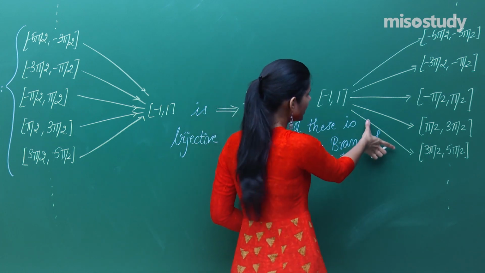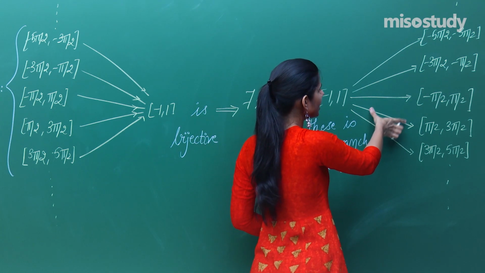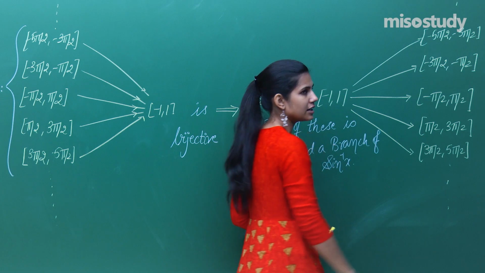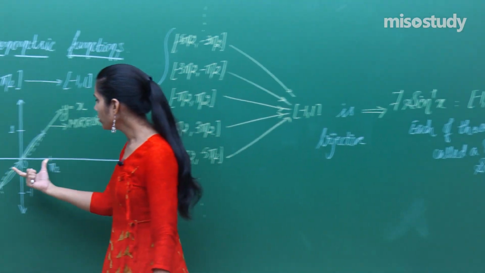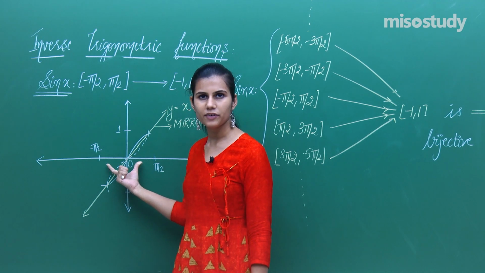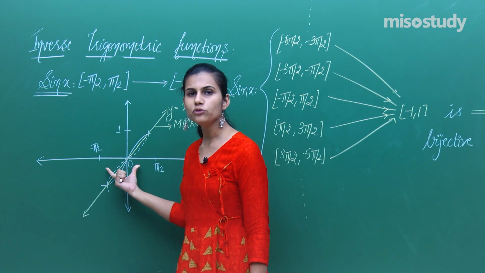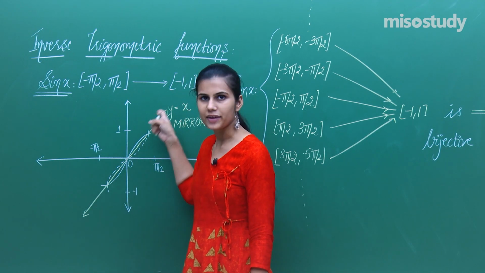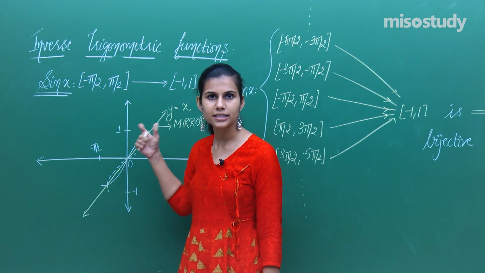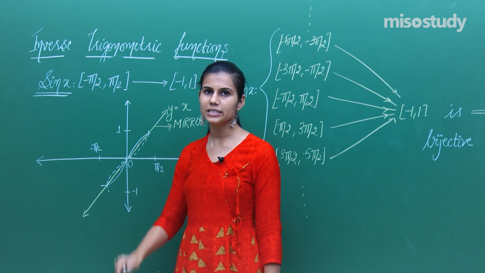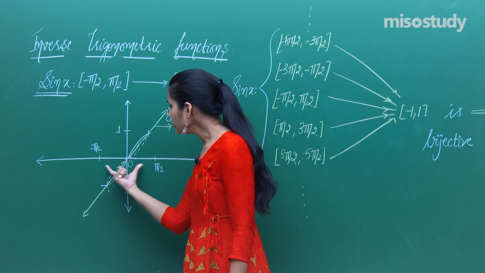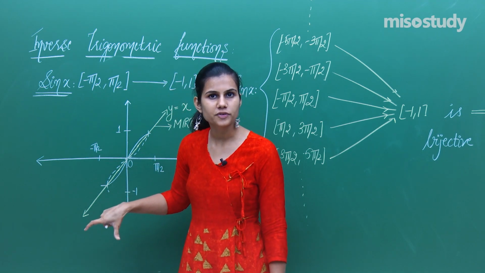This is one branch of sine inverse x, this is another branch, another branch. See what is going to happen is, right now you restricted the graph of sine function to this subinterval, and then you took the reflection across the line y equals x to get the graph of sine inverse from [-1, 1] to [-π/2, π/2]. So corresponding to this section, you obtained a branch of sine inverse.